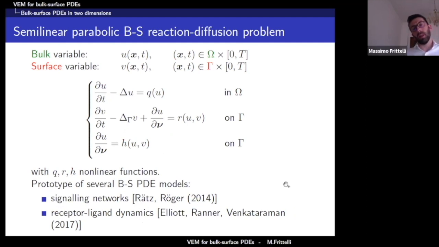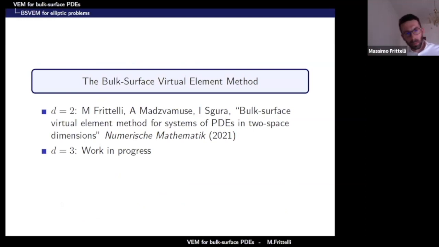As you can see below, these are two of many possible applications that exist in the literature. We are now ready to introduce the virtual element method for such bulk surface PDEs. In the case d equals 2, the method and its analysis was published in Numerische Mathematik this year, and the case d equals 3 that I'm going to present as well is work in progress.